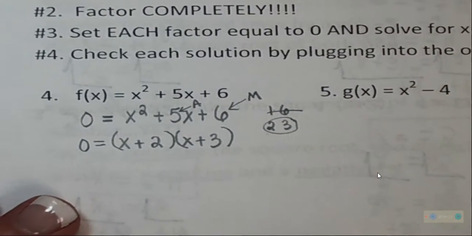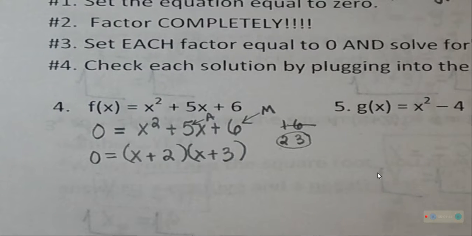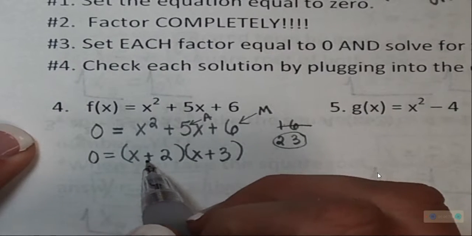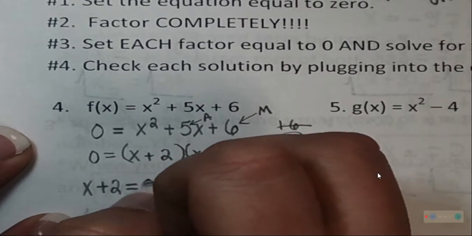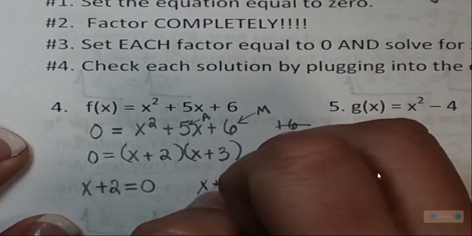Now, we have successfully completed steps 1 and 2. When you're told to solve, you're looking for an answer of x equals. I don't have x equals. Now, I'm going to take x plus 2 and make it equal 0, because see, this equals 0 and this equals 0.